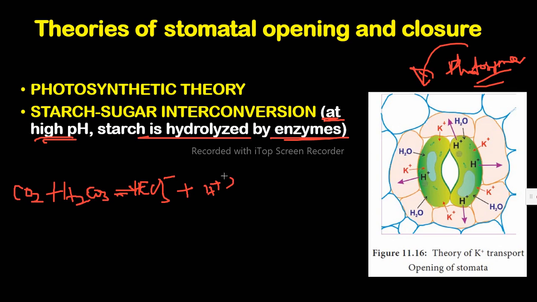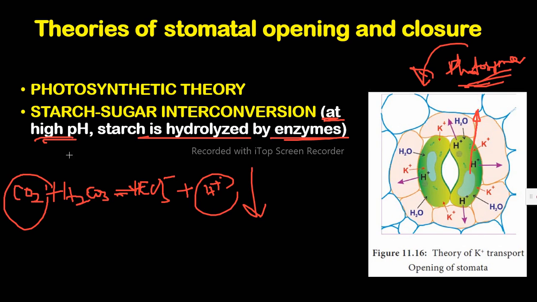So there are these hydrogen ions that account for the low pH. But now during the day, this carbon dioxide is going to be used in photosynthesis. And if the carbon dioxide is used in photosynthesis, then what does that mean? The pH is going to increase in the guard cell.